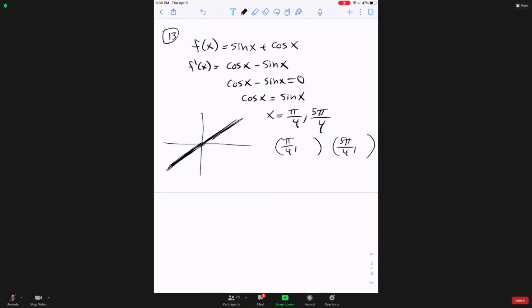So let's start section 4.4. All right. Indeterminate forms and L'Hopital's rule. It's written as L apostrophe hospital, but don't read it like that.